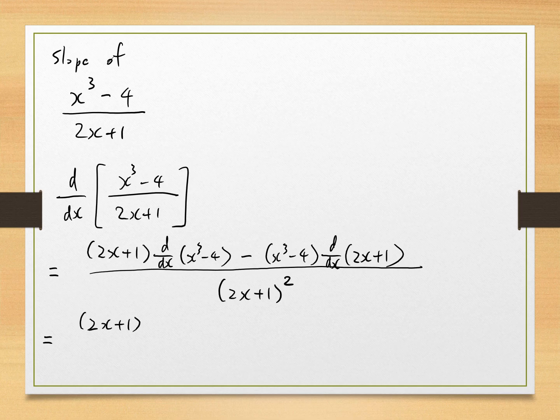That's 2x plus 1, 3x squared, no minus, because the negative 4 becomes 0, minus x cubed minus 4, and the derivative of 2x plus 1 is just 2.